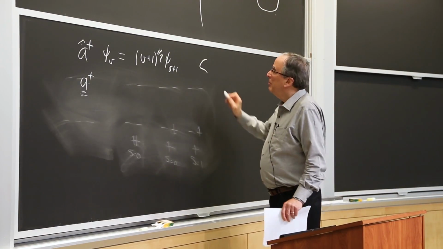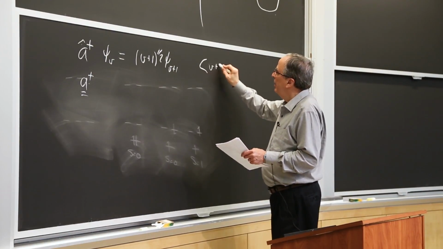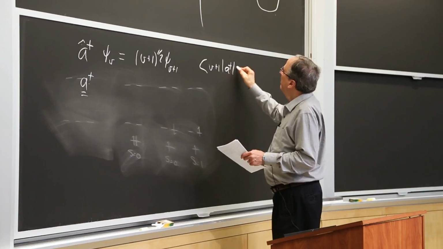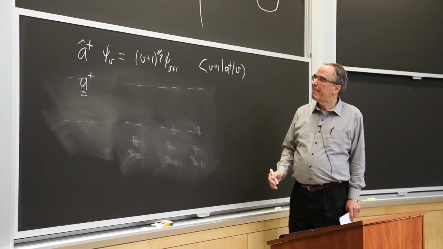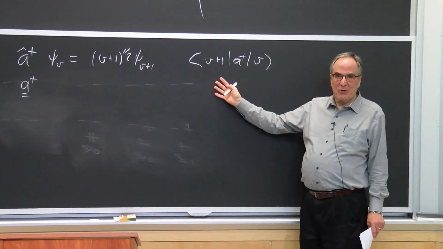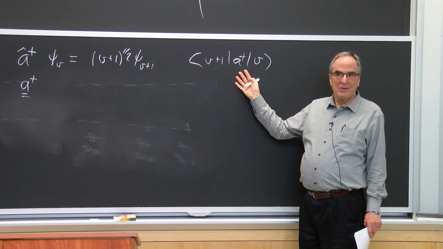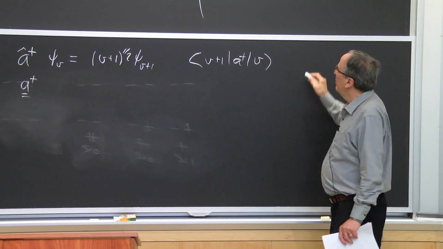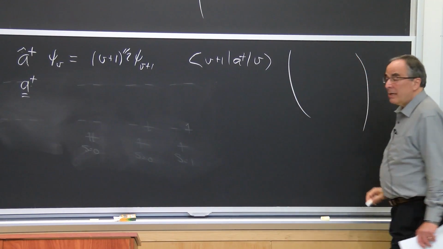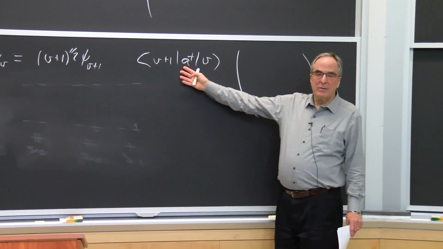Or in bracket notation, we could write this as V plus 1 A dagger V. Now, this is a shorthand. It's a wonderful shorthand. It's easier to draw this than wave functions. But we have to know, okay, what does this look like in the matrix for A dagger?